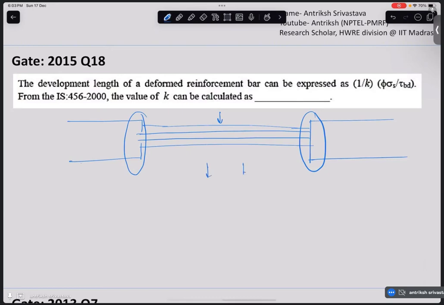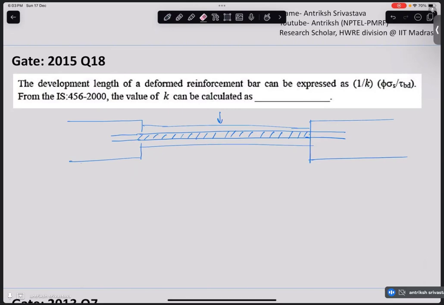It may fall. So to avoid that, these reinforcements that we can see here are extended into the support by some length. They can be either extended straight, or at some angle, but we are looking at straight only.